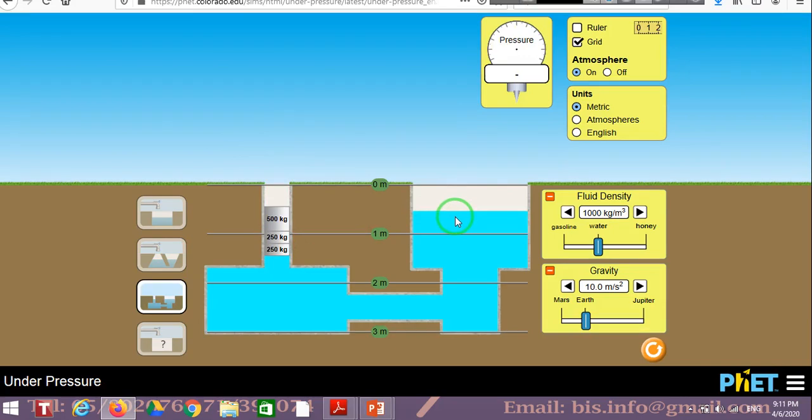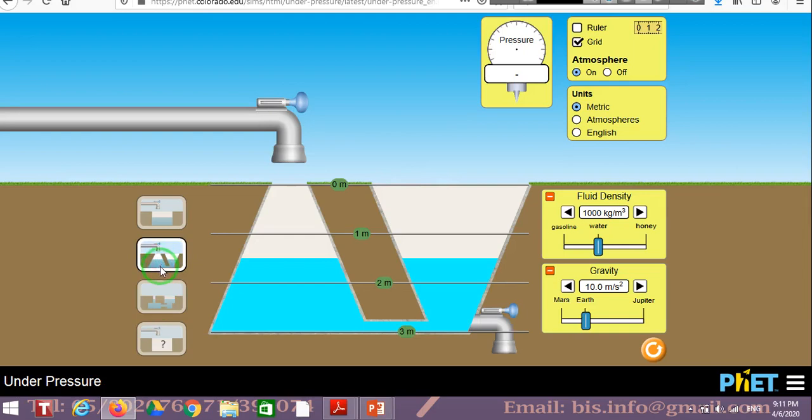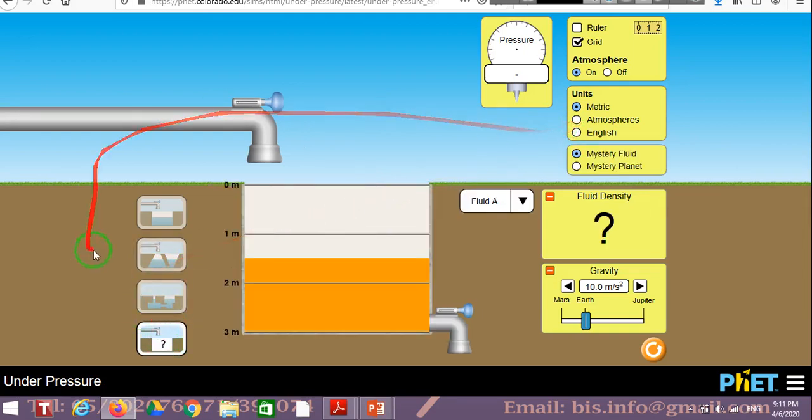To attain equilibrium, I have to exert a force here, perpendicular to the surface, for the two to be at equilibrium or at the same level. This is the concept of the hydraulic press. So this is all what you have to know for now.